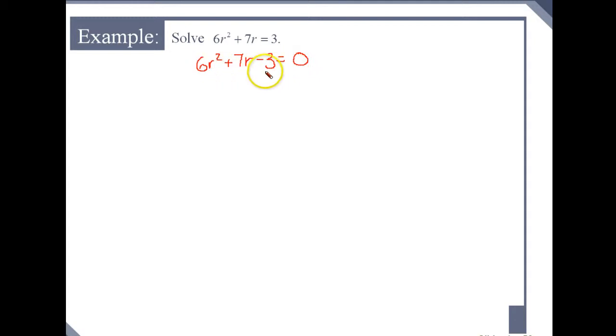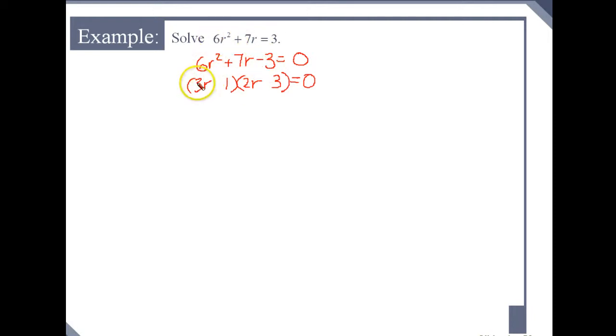Next step, factor this. Now we did a little bit of factoring earlier. So what is this going to be here? I'm going to have to pause it to figure this out. Oh, it didn't take me too long. I had to find out factors of 6 that will lead me to this up here.